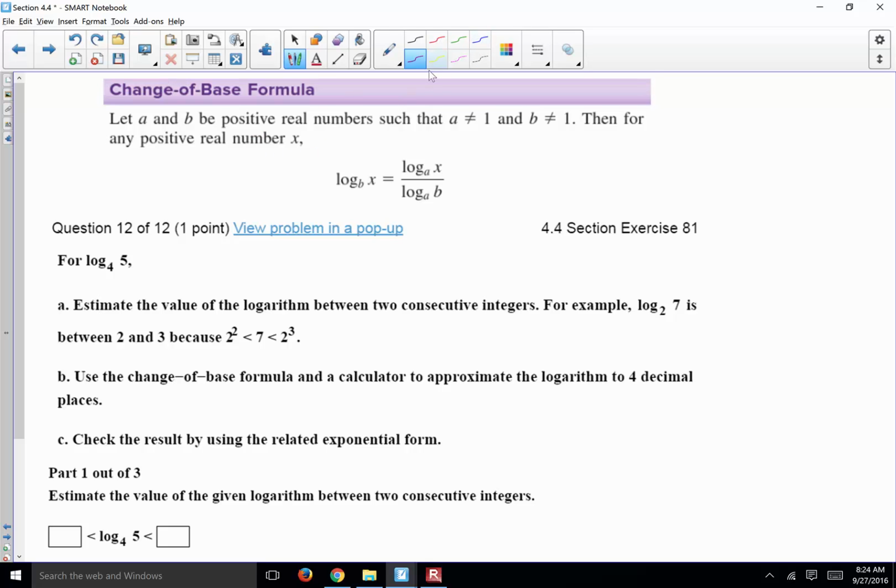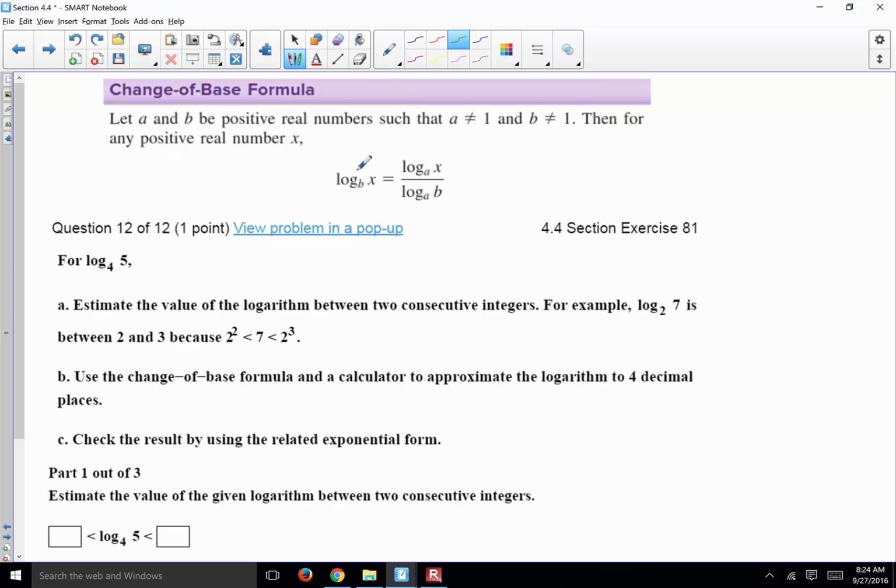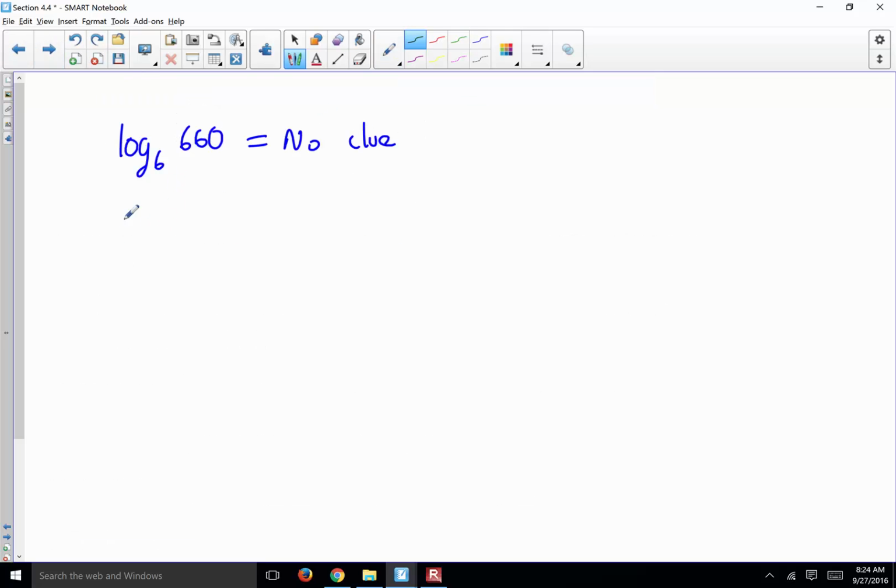Yeah, why don't we use this? This is actually a great application. We had logarithm base 6 of 660 and I had no clue how to evaluate this in a calculator. This formula says, oh, you don't like this base? You can change it. How? This logarithm base 6 of 660 can be changed into a logarithm of any other base you wish, but there is a fee, it's not free.